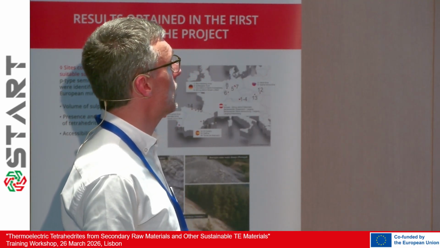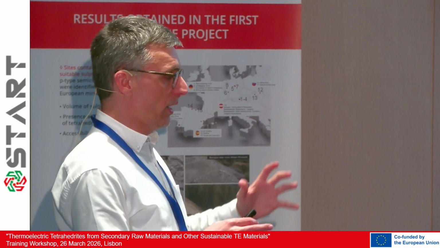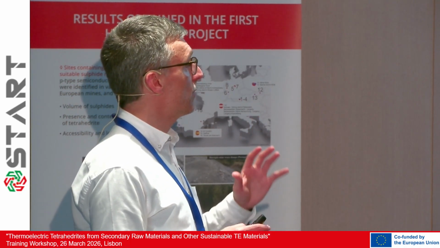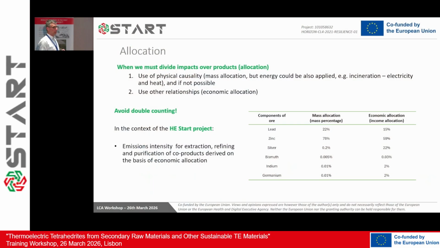What we found is that we have the data for the amount of the ore, but we don't have the data for the specific components of the ore. And so there is an issue here. How do we attribute the impacts, or the characteristics, to the components of the ore?